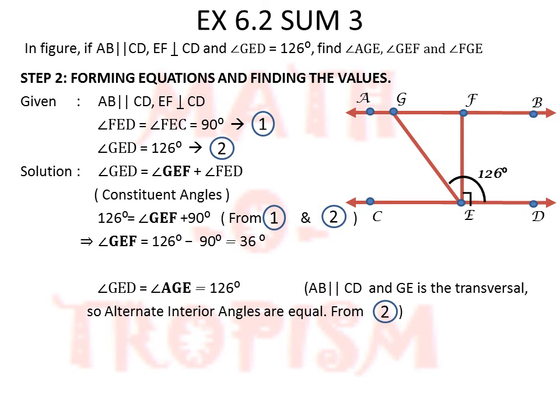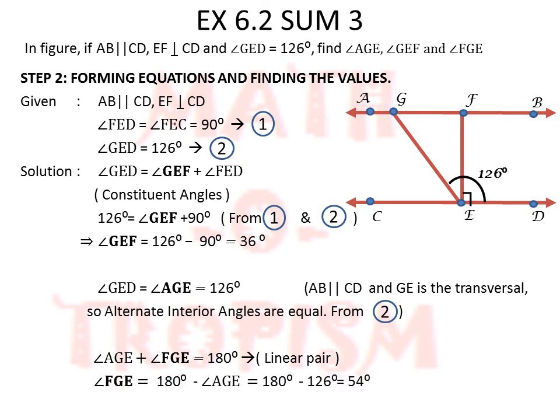Last, when we see angle AGE and angle FGE both are on the straight line AB, so they form a linear pair. So angle AGE plus angle FGE is equal to 180 degree, which means angle FGE is equal to 180 minus angle AGE, which we found as 126 degree. So this comes to 54 degree. Thank you.